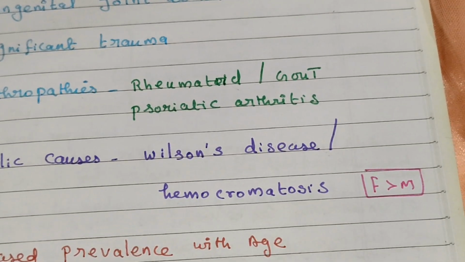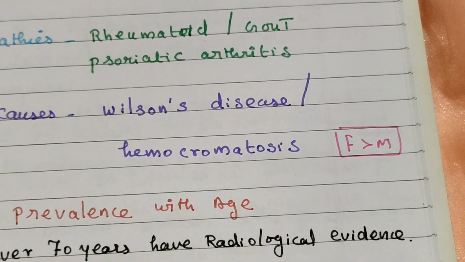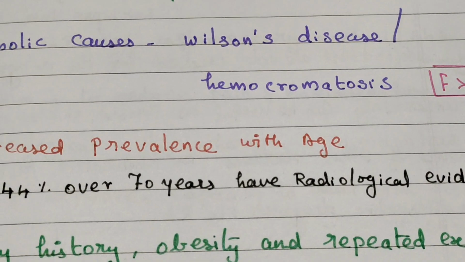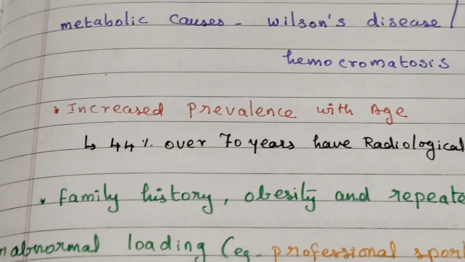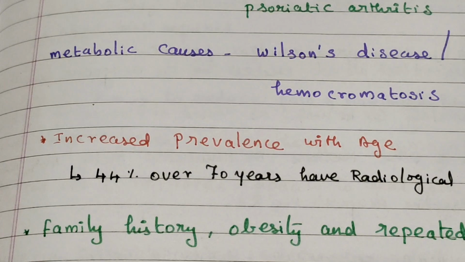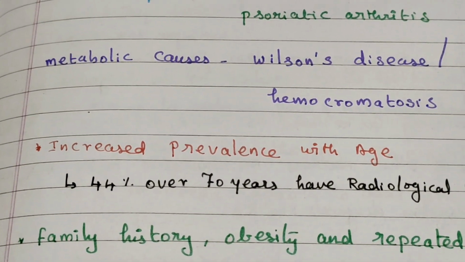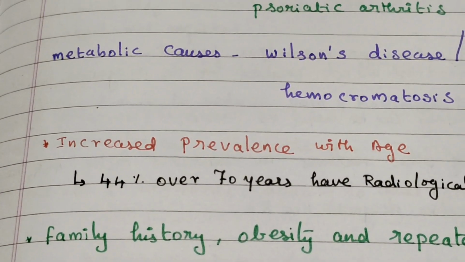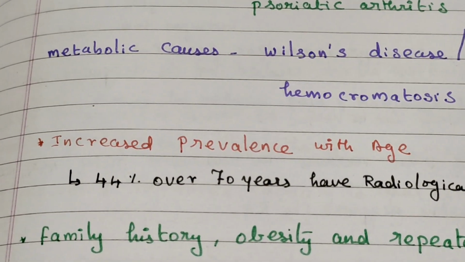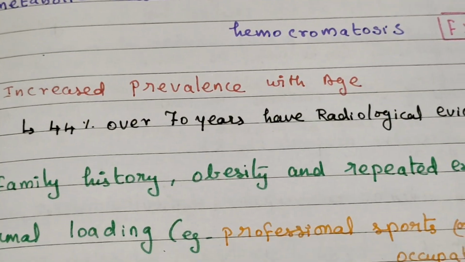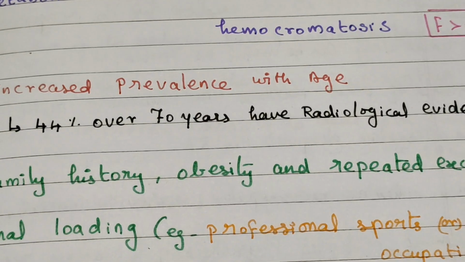Then it is more common in females than males, and becomes more prevalent as age increases, with 45% of people over 70 years having radiological evidence of it.